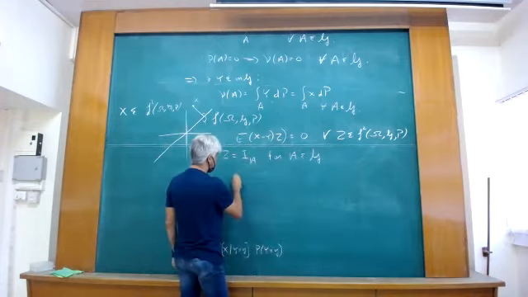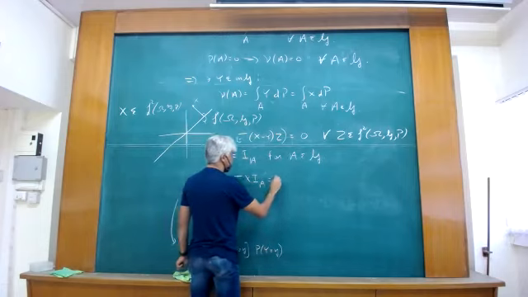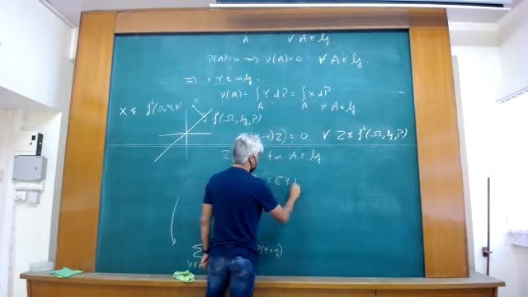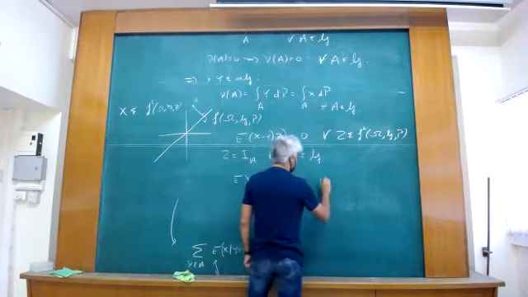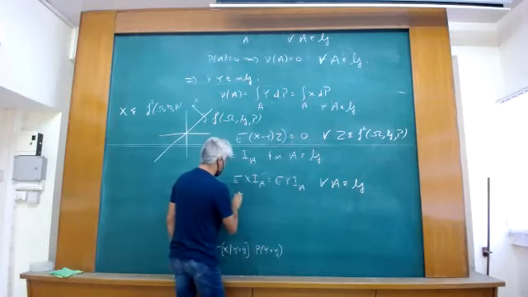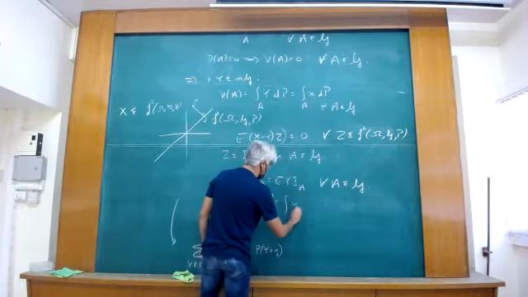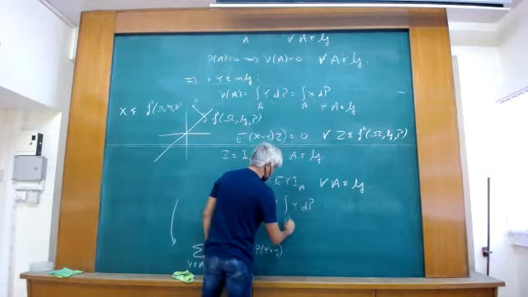So what I get then is E of X times I_A is equal to E of Y times I_A for all A in G, and this is just another way of writing the integral of X dP over A, and this is the integral of Y dP over A.